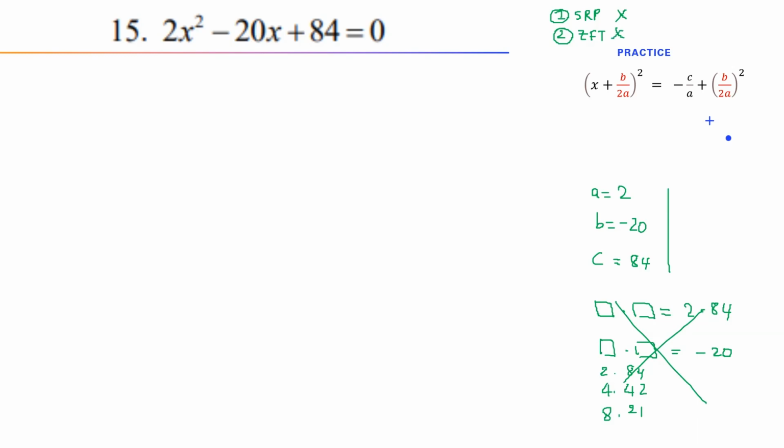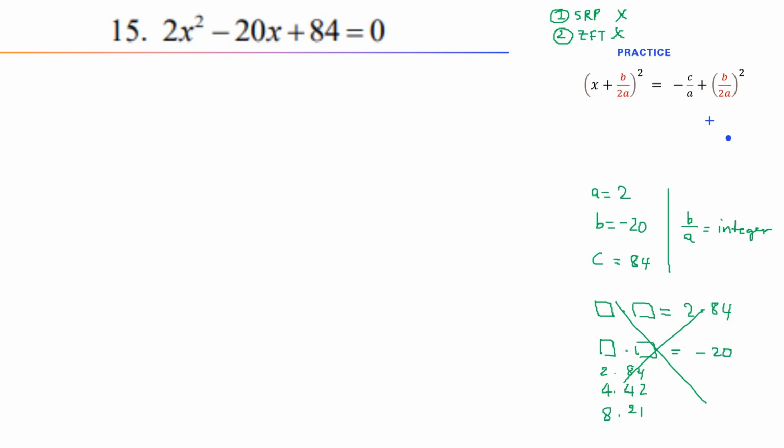Now we check a is equal to 2, so the simplified formula we could not use, right? But then we see that a equals 2, and then we have b over a is an integer.